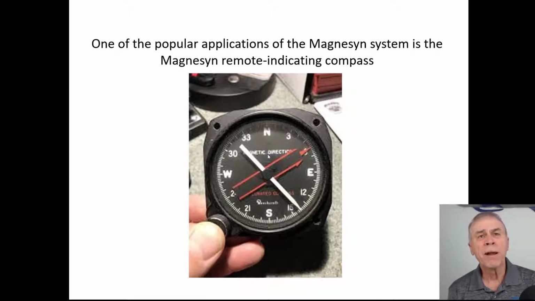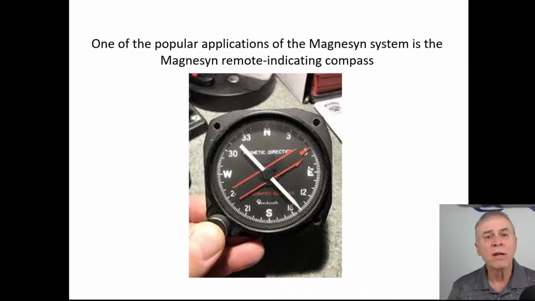One of the more popular applications of the Magnuson system is the Magnuson remote indicating compass. So the compass can actually be, in effect, attached to that rotor in the transmitter. It could be mechanical. There could be a shaft that goes down, and as the needle on the compass is moving with magnetic north, it is also moving the transmitting rotor below it.